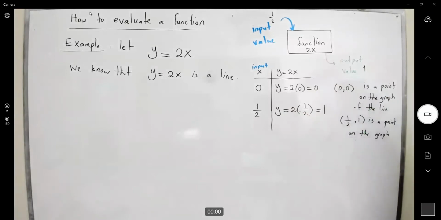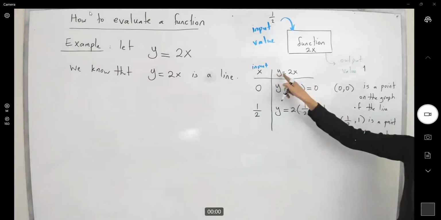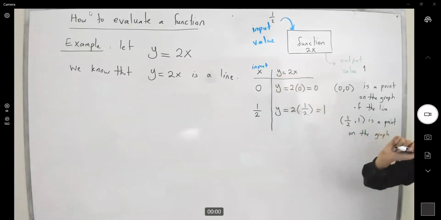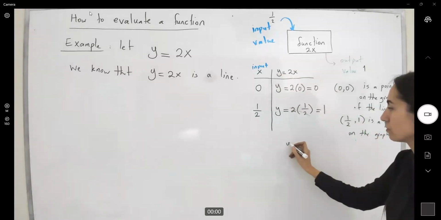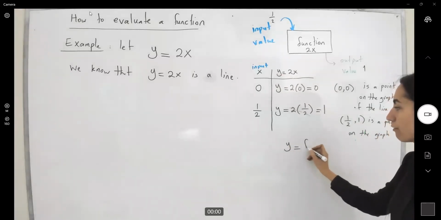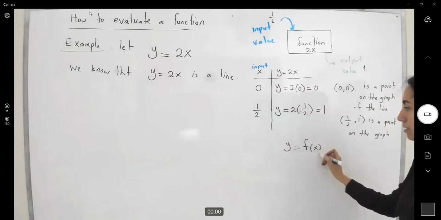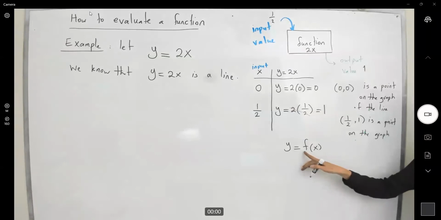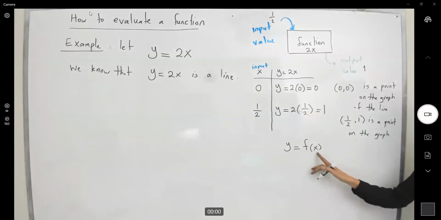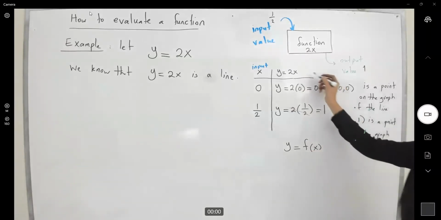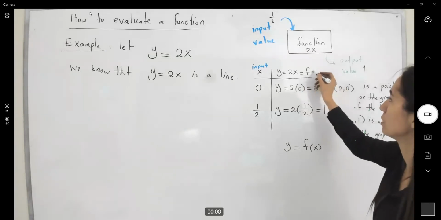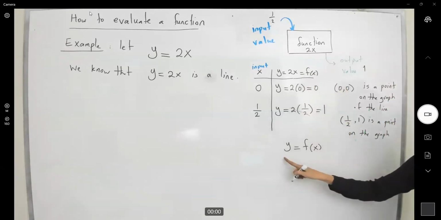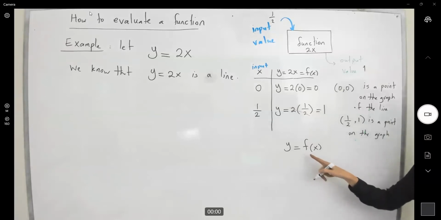Okay, very good. So in math, instead of using y equals 2x, we can write y equals f of x. We say that y is equal to a function of x. In this case, it is defined as 2x. So y equals function of x.